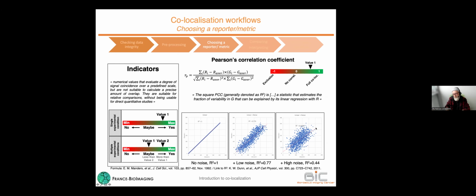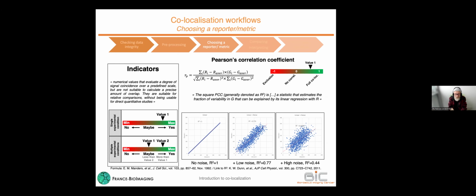And you may think that a line is good enough to describe this cloud. So you have correlation, but the value is quite low, in between no correlation, a coefficient of 0, and pure colocalization, a value of 1.